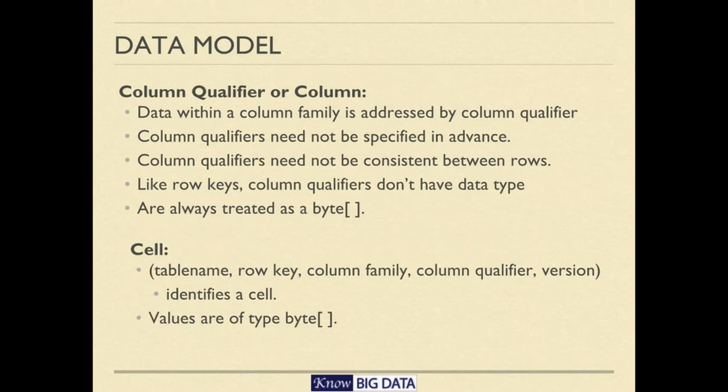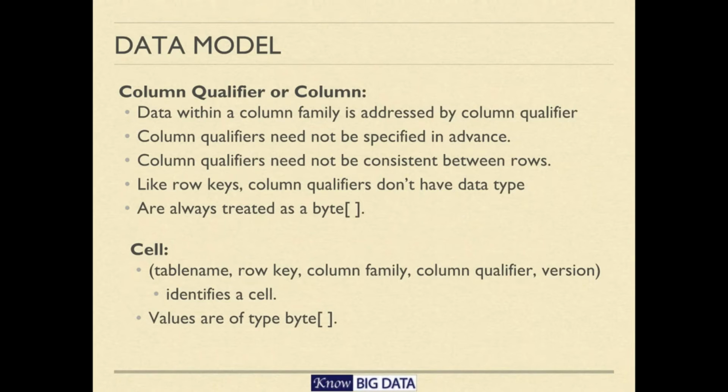A cell is defined by table name, row key, column family, column name, and the version. Version is something you need to understand. Every cell has got a version. For a given row and a column family, there is a cell, and a cell has multiple versions.